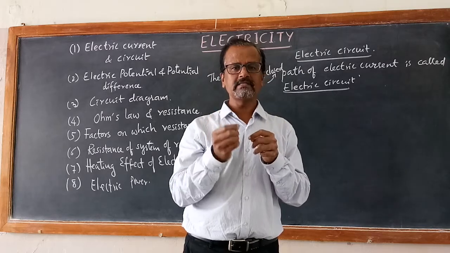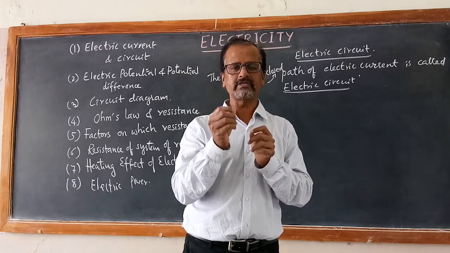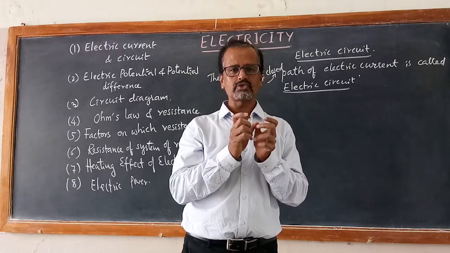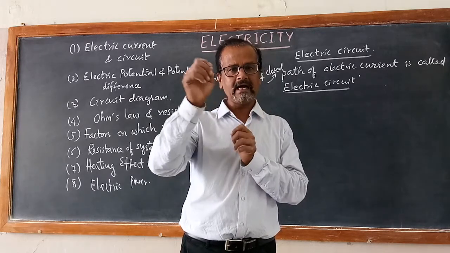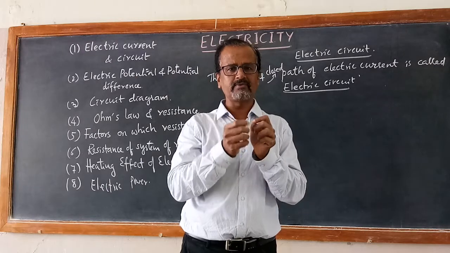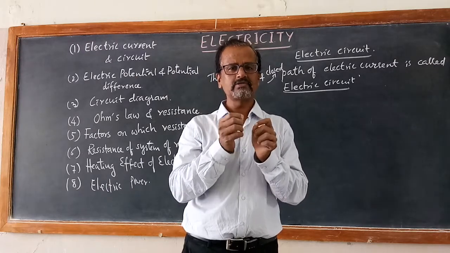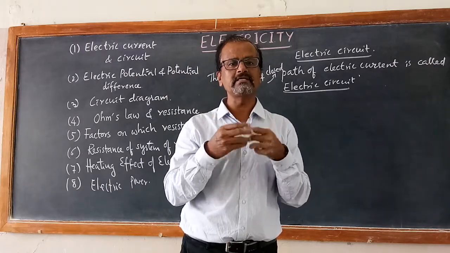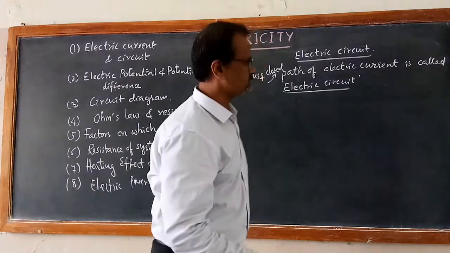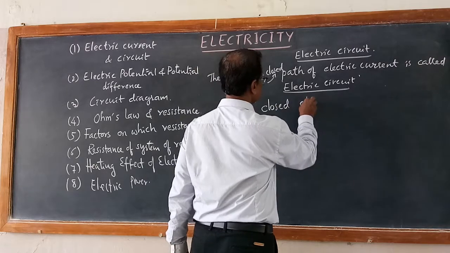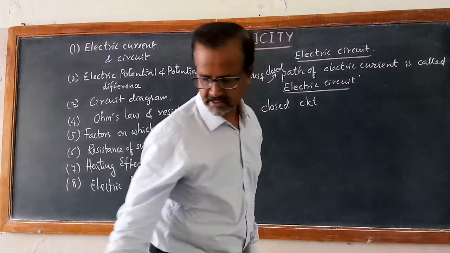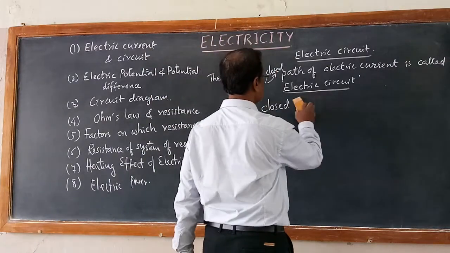Switch on means there is a linking, there is a connection between the source of battery, the cells and the bulb. When they are connected with the help of conductor, then it is called switch on. The circuit is closed. So there are two types of circuits: closed circuit and open circuit.